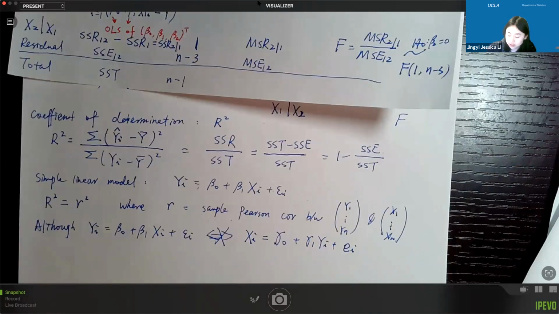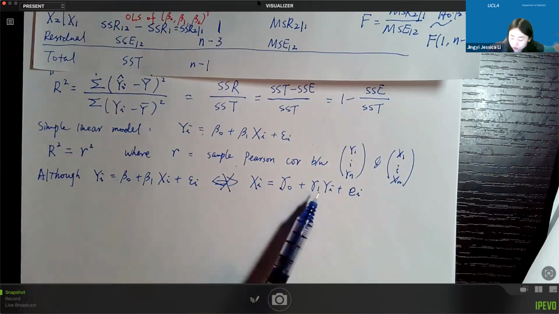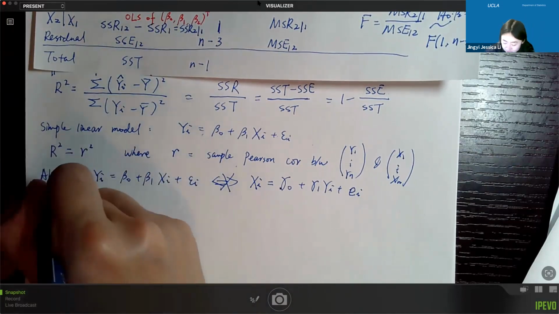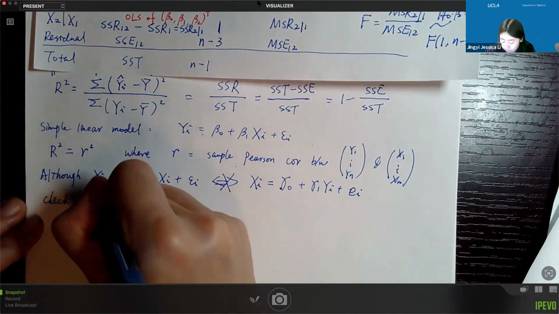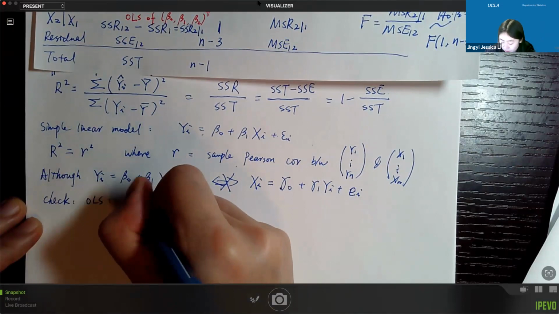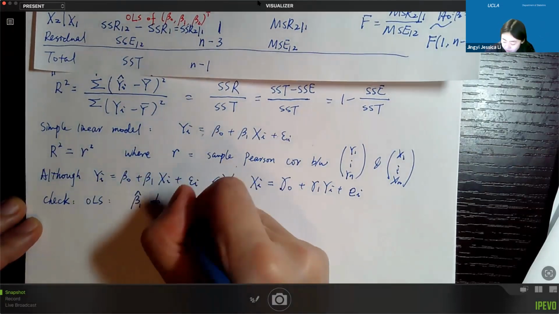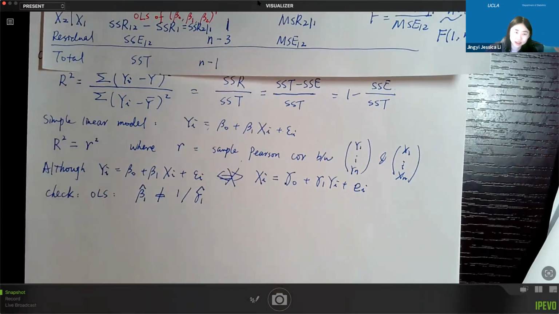And just as a side note, you can check that if you do OLS for each one, they are not reciprocals of each other. You can check this by yourself. If you do the OLS estimate, you'll find that beta 1 hat is not equal to 1 over gamma 1 hat. That means you cannot just fit one model and apply it to another. Why is that?